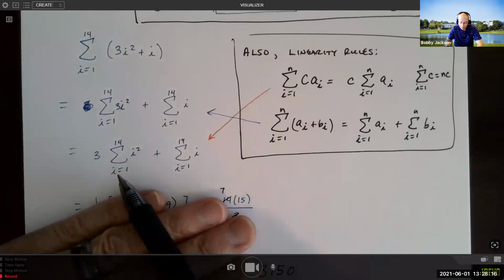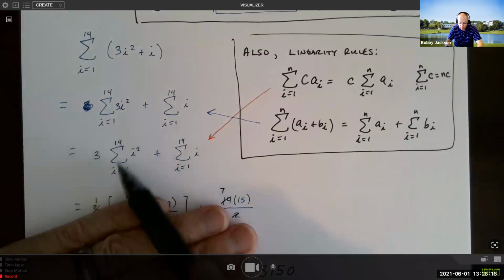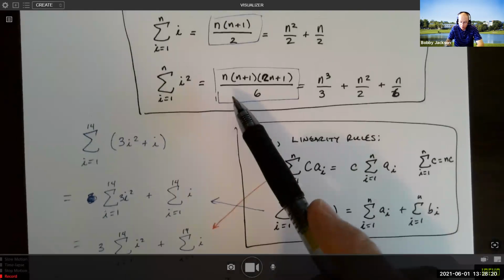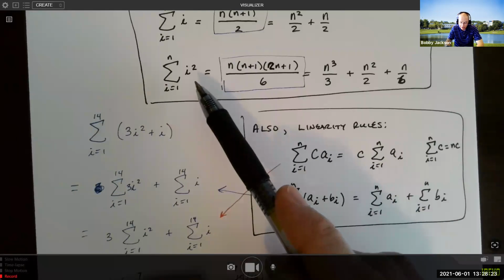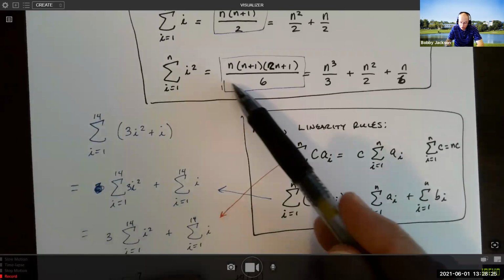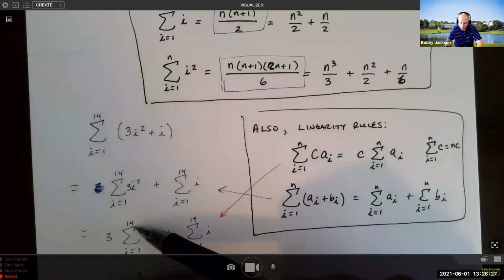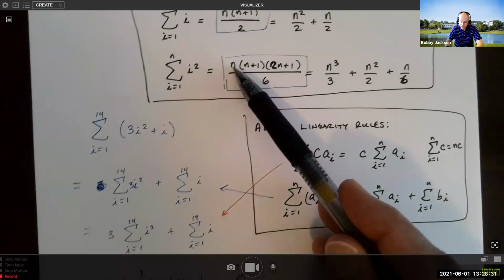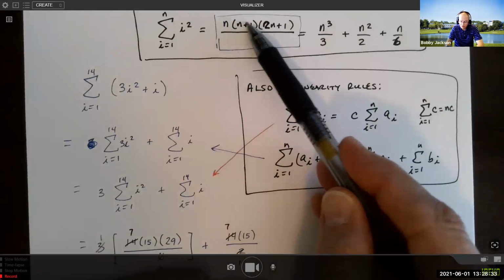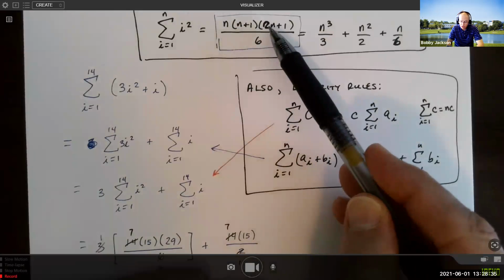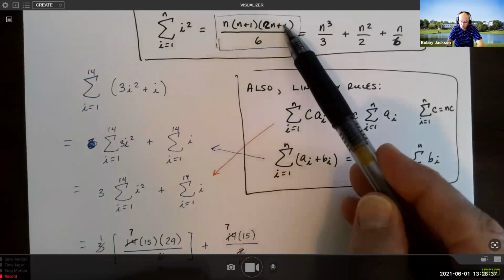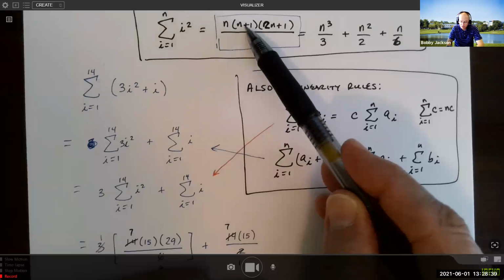And now I use the power sums. So this first one here, I use this power sum up here. I'm just going to simply replace this expression here, but I'm going to replace n with 14, right? So I'm going to have 14 plus 1 is 15, and then 2 times 14 is 28 plus 1 is 29. 14 times 15 times 29.